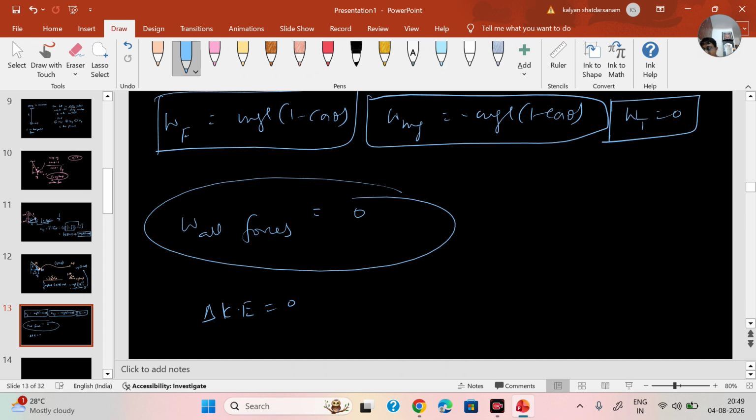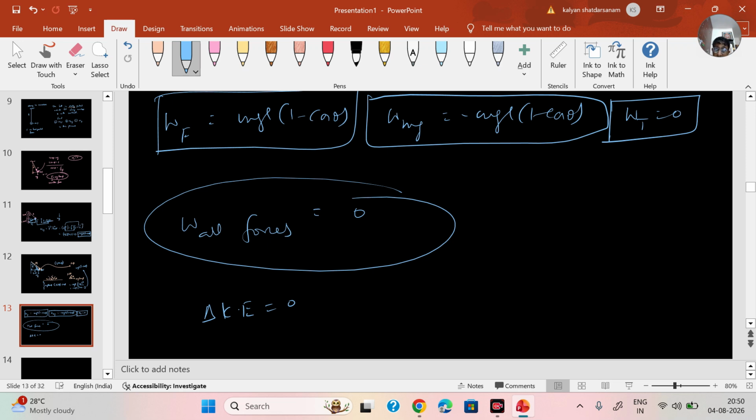So I told you about work done by variable force, integral F dot ds. ds is displacement of that point where force is applied. I told you work done by constant force, F dot s. You can write it as Fs cos theta, or you can say force into displacement along force, or you can say displacement into force along displacement.